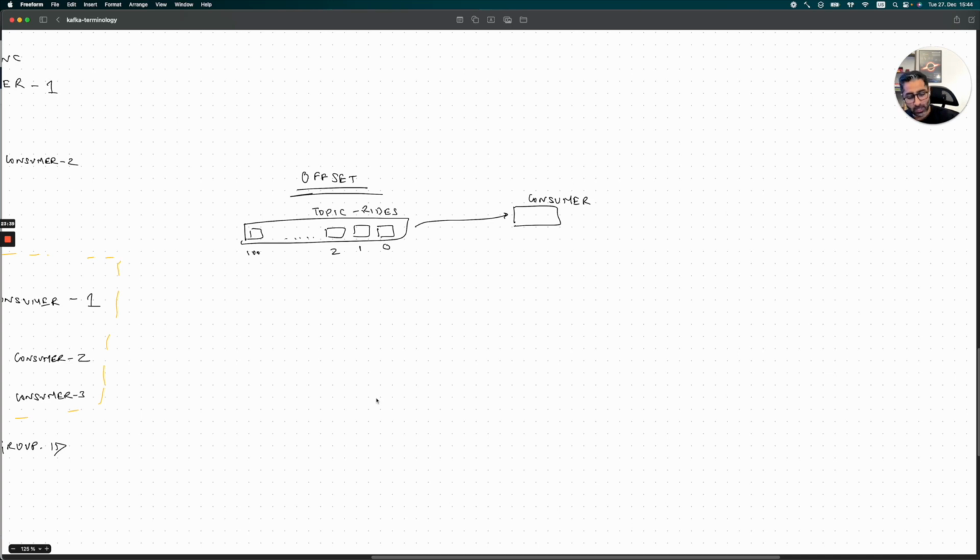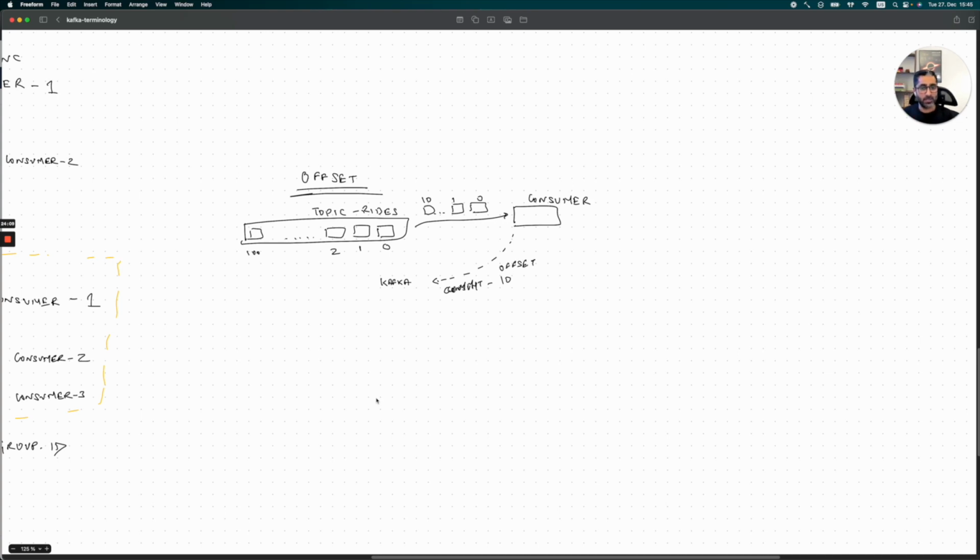So let's assume this consumer consumed messages 0, 1, up to message 10. What it will do is go to your Kafka cluster, Kafka broker, whatever you want to call it, and say, hey, I have committed message 10, or offset 10.